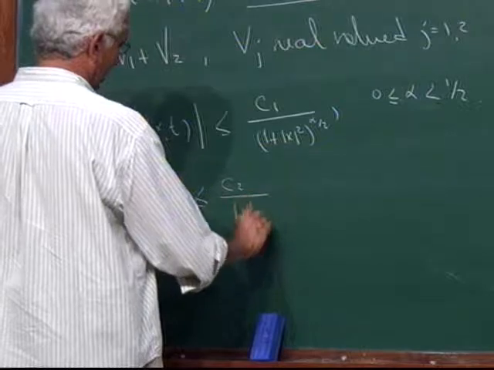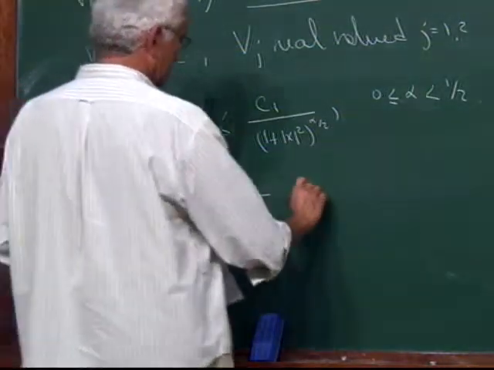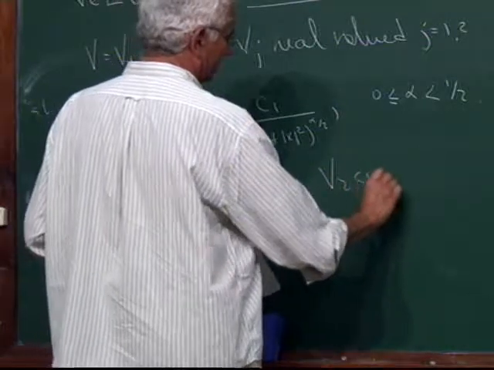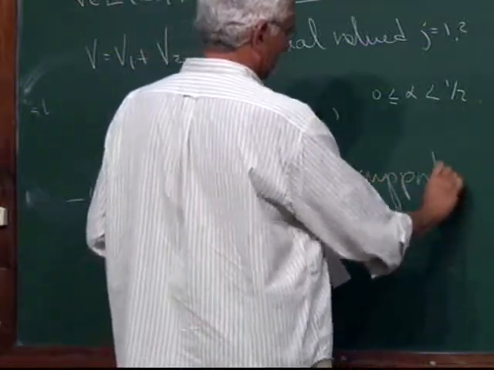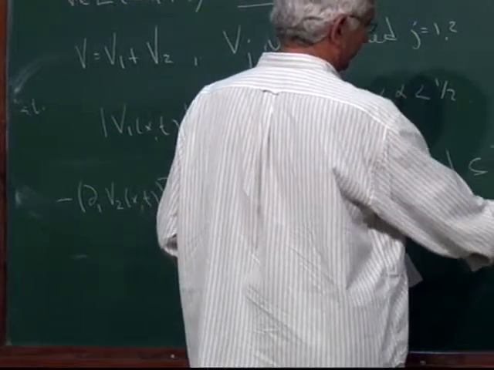It has another decay here, 2 alpha, and B2 is supported on this set.